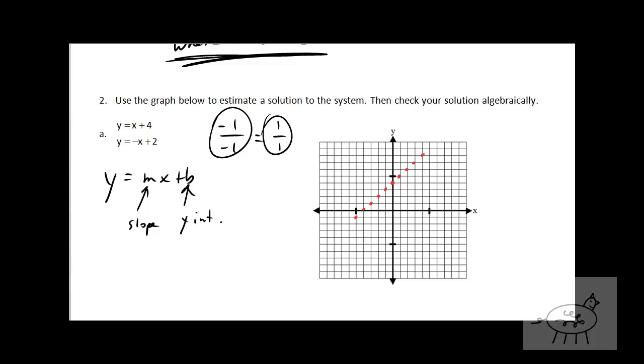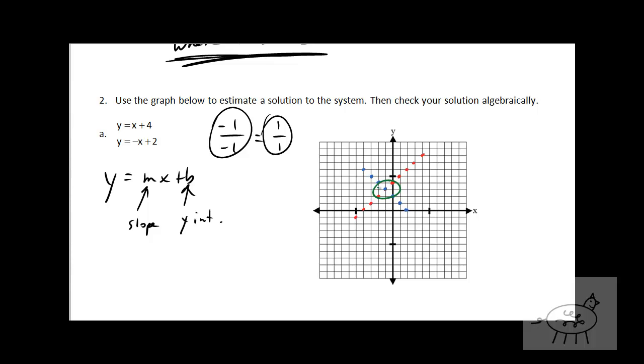Now let's do the next equation. Y equals negative x plus 2. So here it is 2, and negative means go down 1 to the right. Well, I really don't need to go any further that way. How about going this way? So if you see, it just intersected that line. Okay, so this, math fans, right here is your solution.